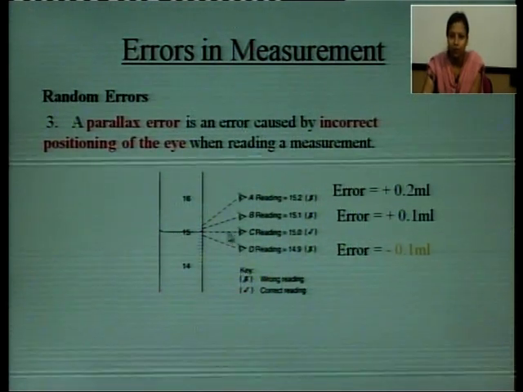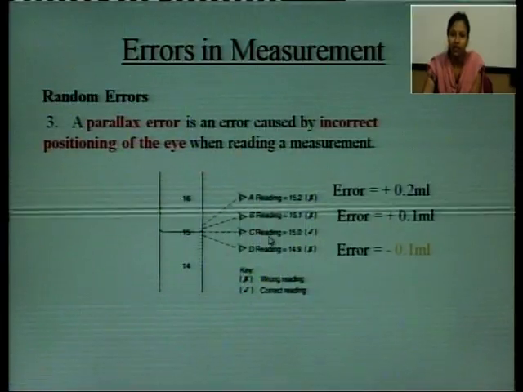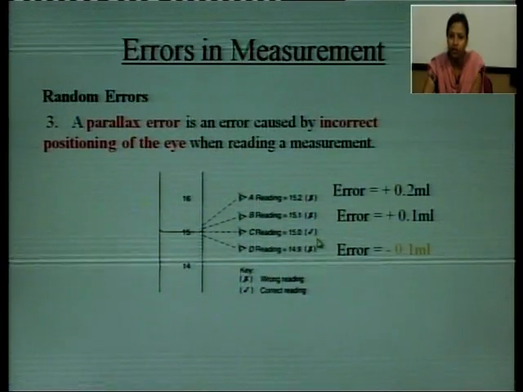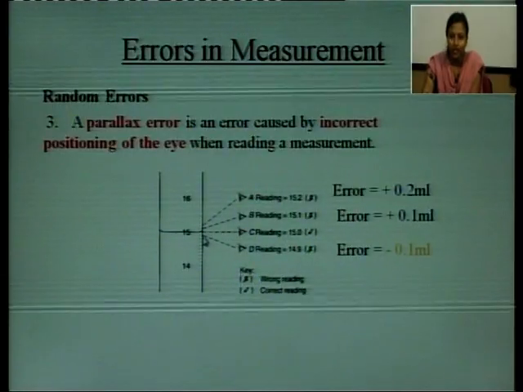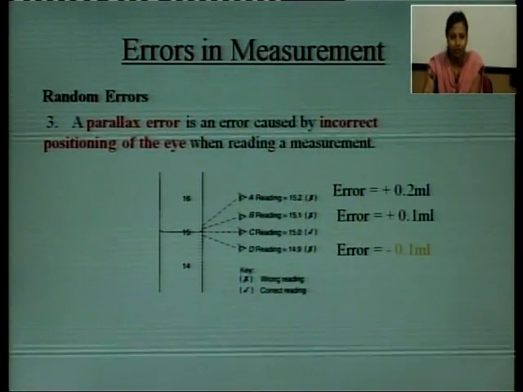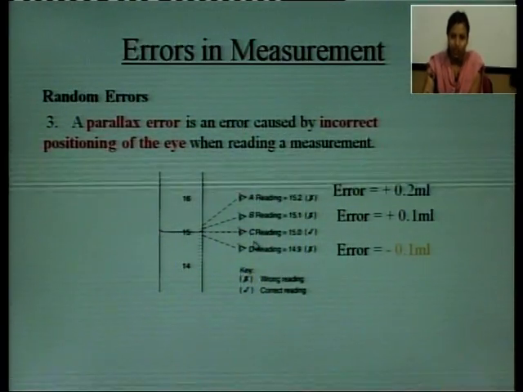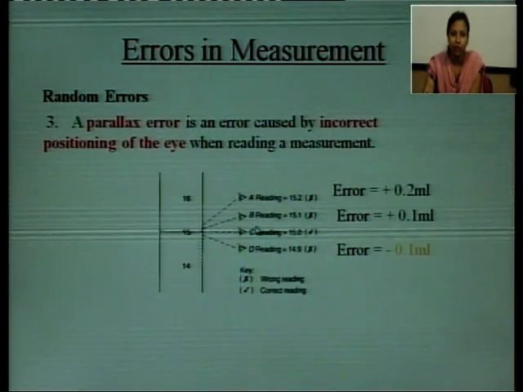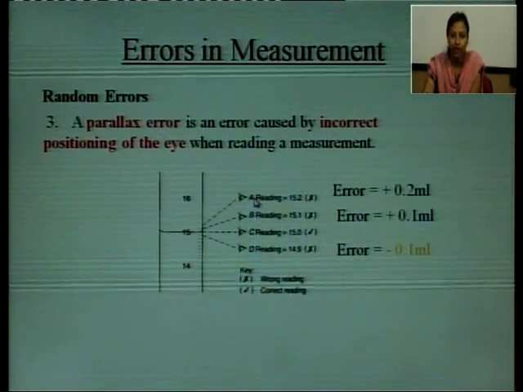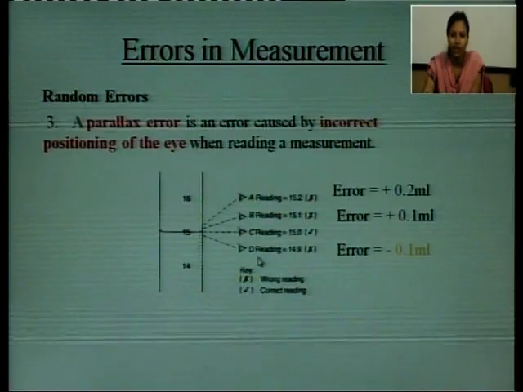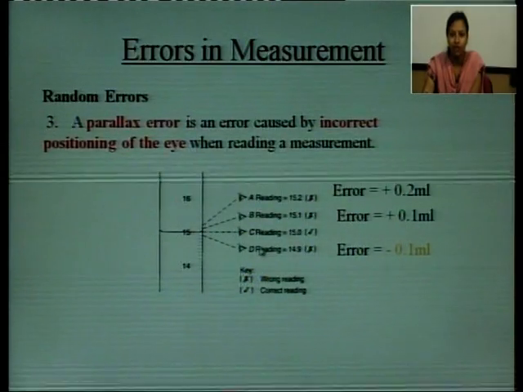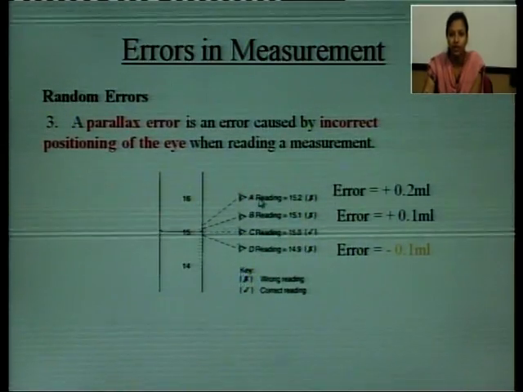If we keep our eye at point C, then it will read the accurate value of that physical quantity. If we keep our eye at point A, B or D instead of C, then it will give different values of error.